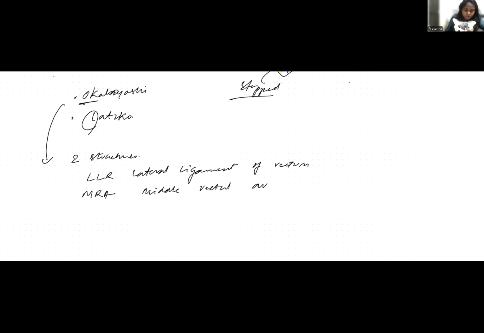These are very important because this ligament and this artery have their own connective tissue, and if you avoid this tissue, that is a nerve sparing surgery. Okabayashi space is for nerve sparing surgery.